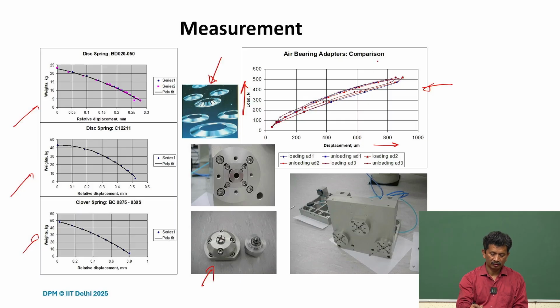What you see here is a hysteresis plot, and you may be wondering why it's there. Of course, at that time it was not very clear. But now, looking back, after knowing the effect of friction and how friction and stiffness can give us this kind of hysteresis and virtual play, you will be able to understand why it's there, because the disc springs are sliding.